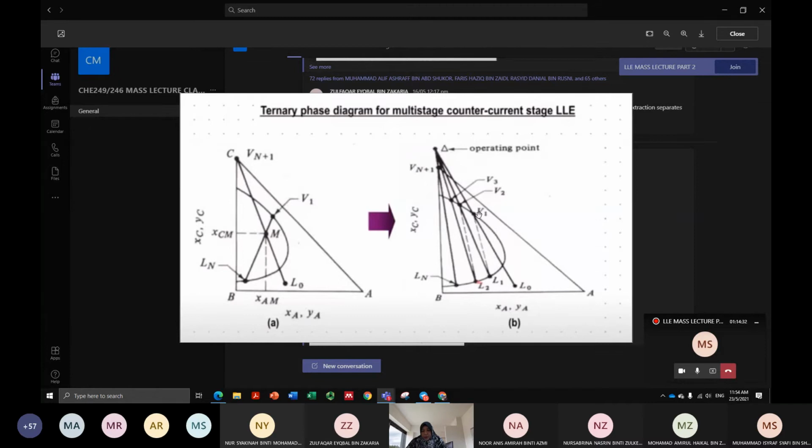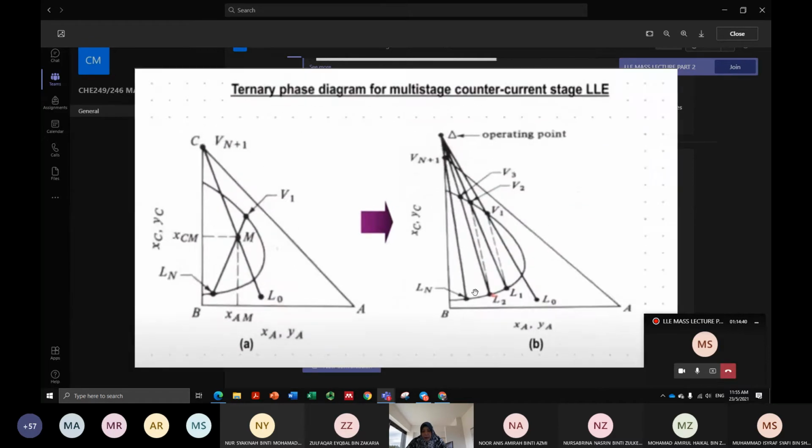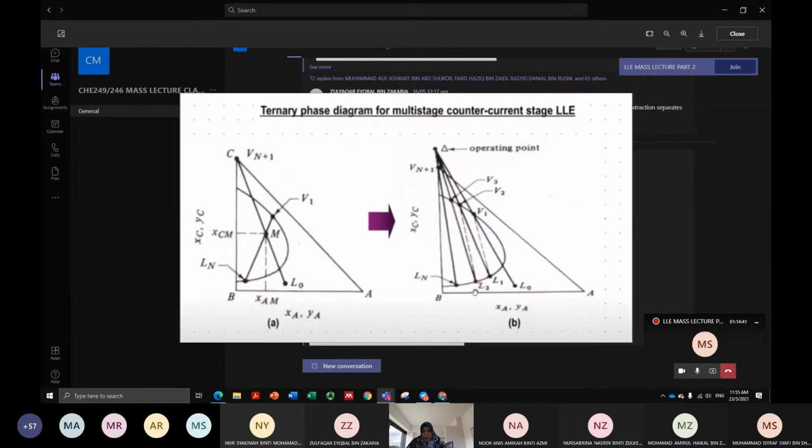So when you want to draw the tie line, if you were to have another graph below, it will support you, the graph below. I will show you later. You're going to get this particular L1.